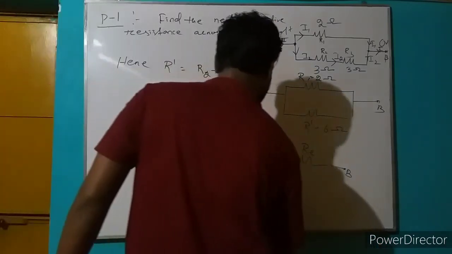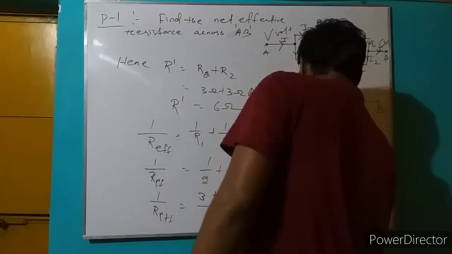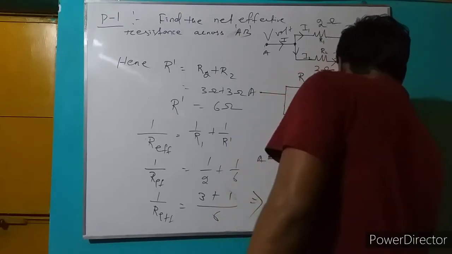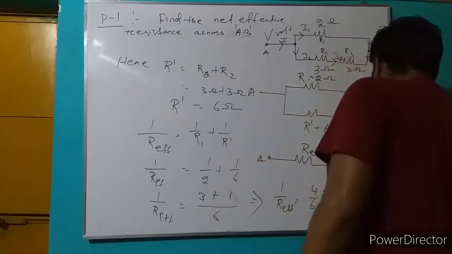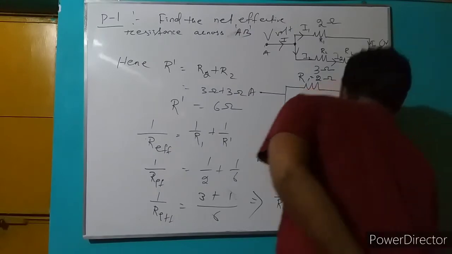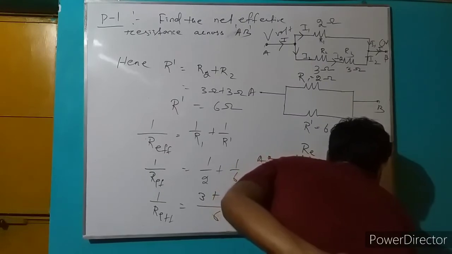That implies 1 by R effective equal to 4 by 6, so R effective equals 6 by 4, that is 3 by 2. So R effective equals 1.5.